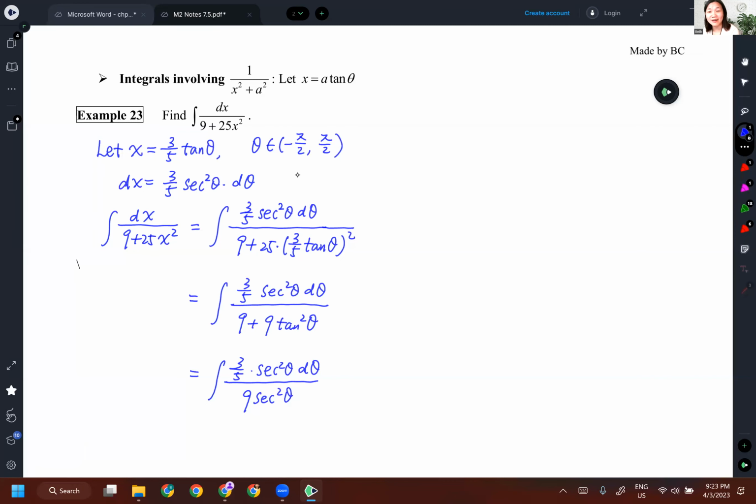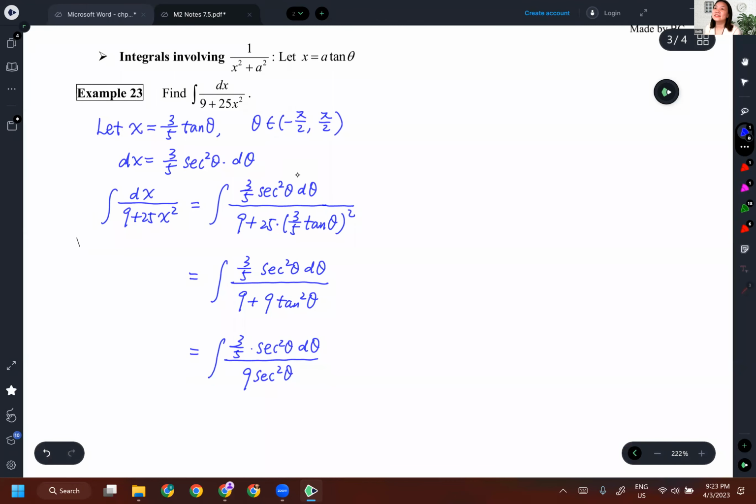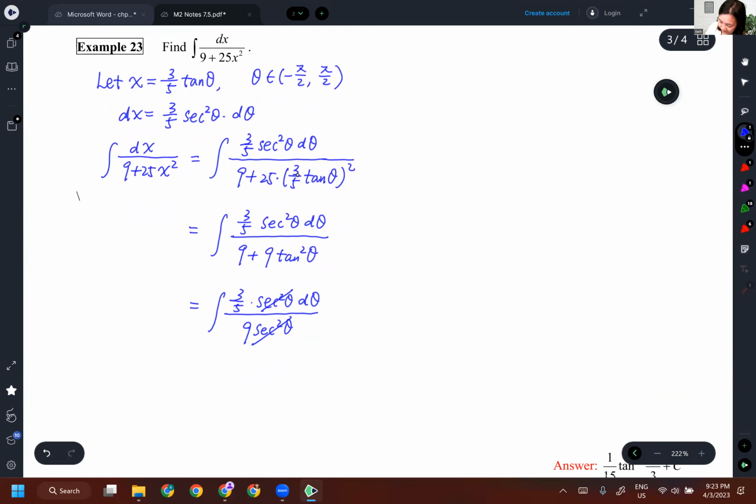It just worked out that way. It's like this function is made for this substitution. Only this one will work. And then you would delete that. You will get 1 over 15 d theta. That is 1 over 15 theta plus c.